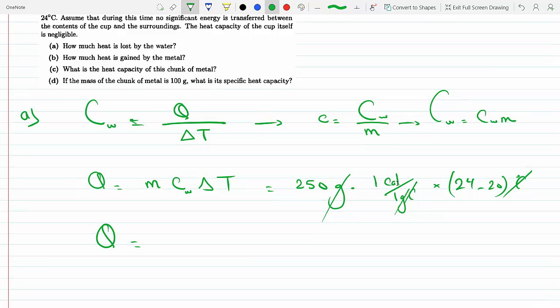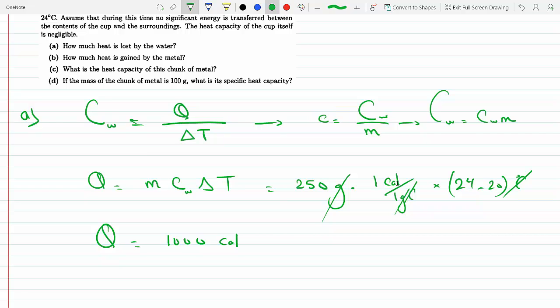So this is 250 times 4, which looks to be 1,000 calories. So that means the heat that was lost by the water is 1,000 calories.